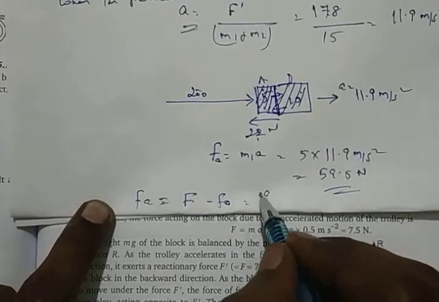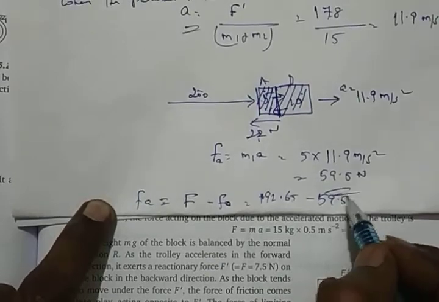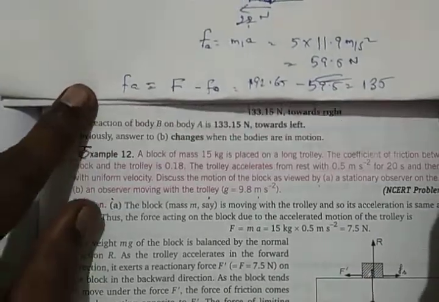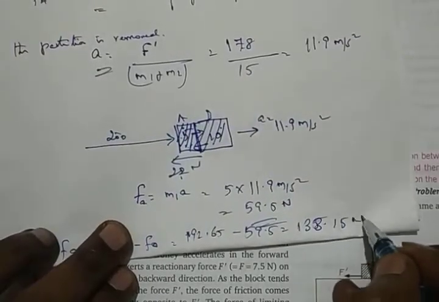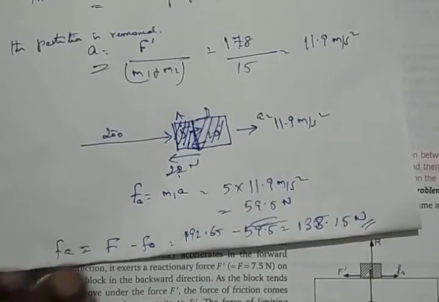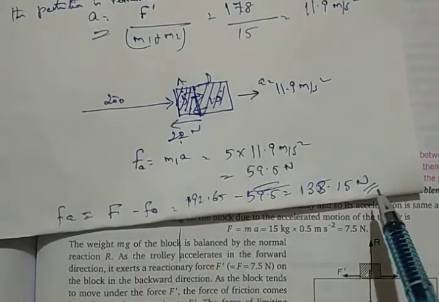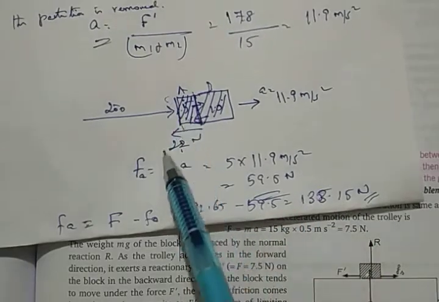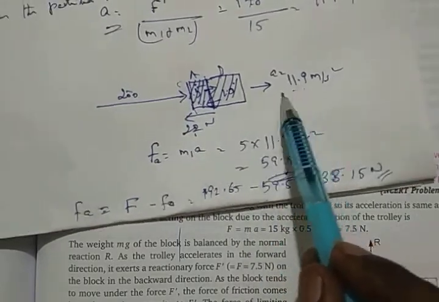192.65 minus 59.5 is going to be equal to 133.15 newtons, which will be the force from here to here. Again I am explaining how this one came, 133.15. Now look at this one. This body is having a force of this much because of the acceleration.